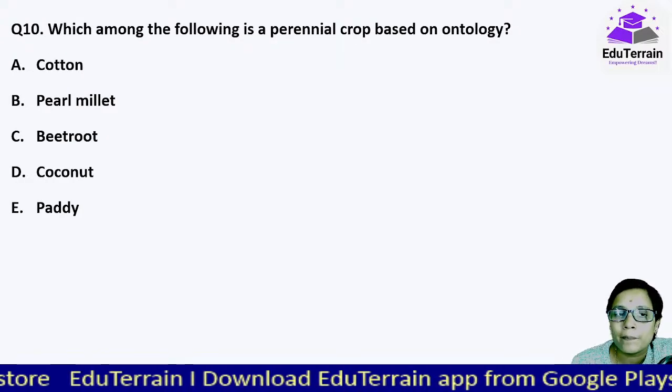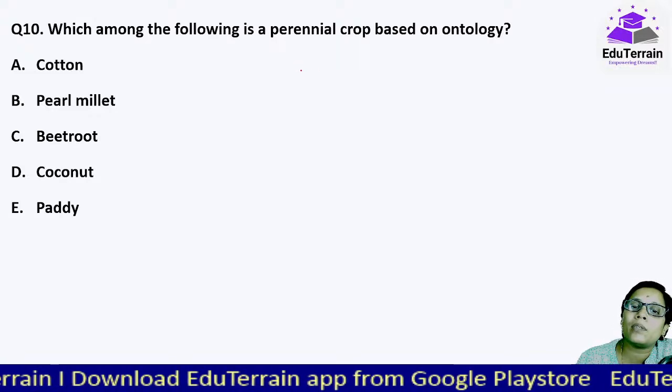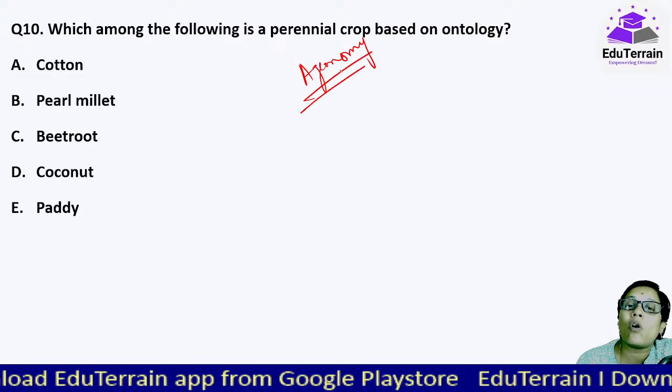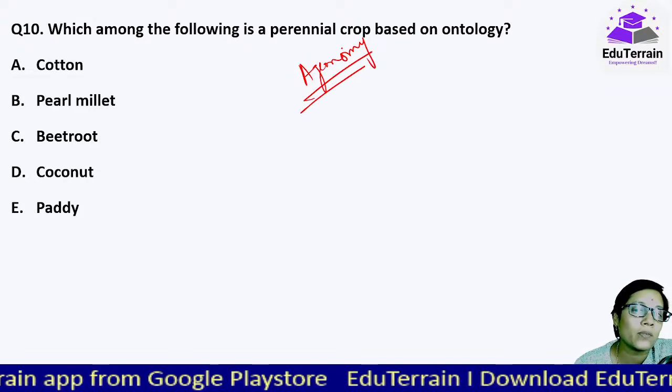Slowly they'll be growing. Now, this is from the agronomy classification of field crops. A very important topic, at least one or two questions would be asked from this topic.